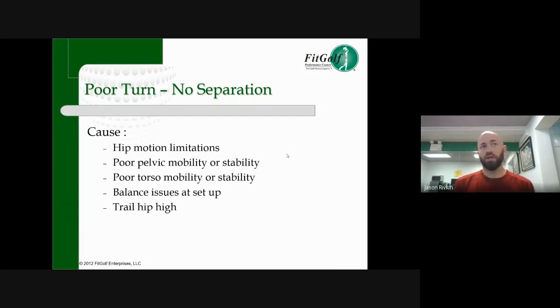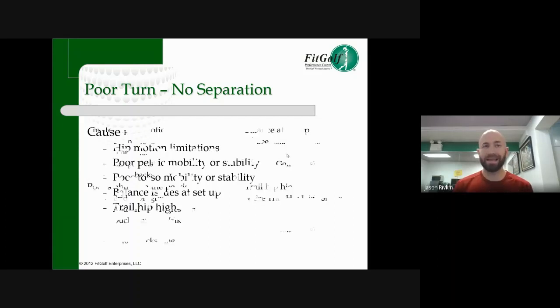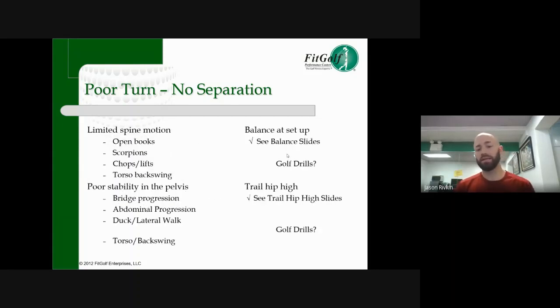Poor turn is going to be from poor spine mobility, poor stability in the lower body, a lack of mobility in the head and neck, a lot of different things that can lead to poor rotation of the shoulders. So the way that you would want to assess if you have somebody that has poor turn in the backswing is, again, with functional movement testing.